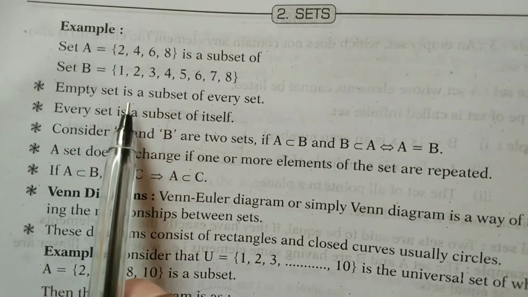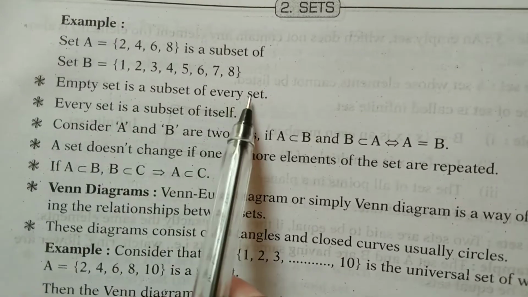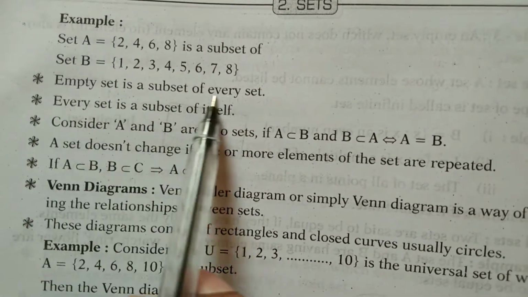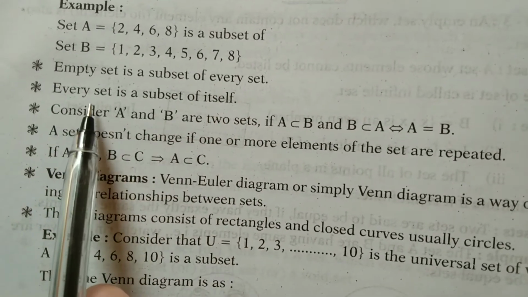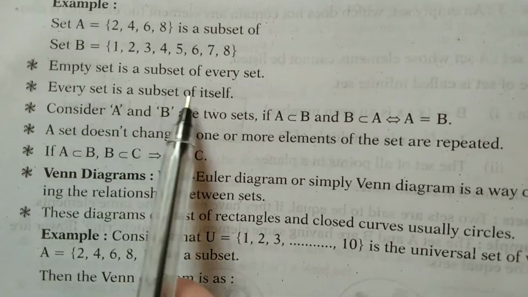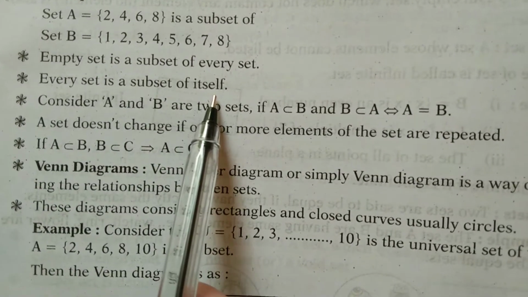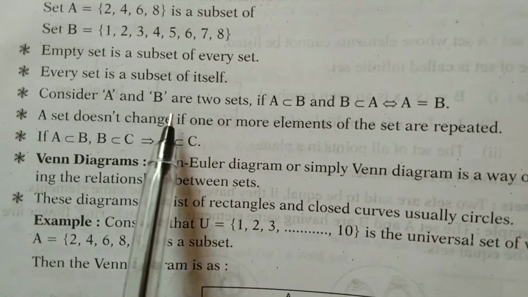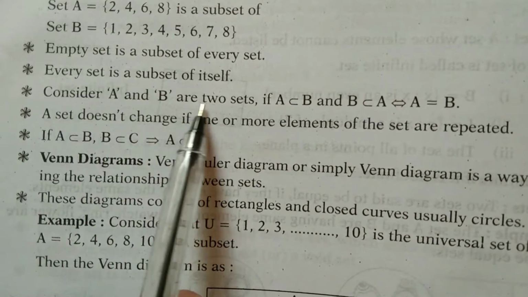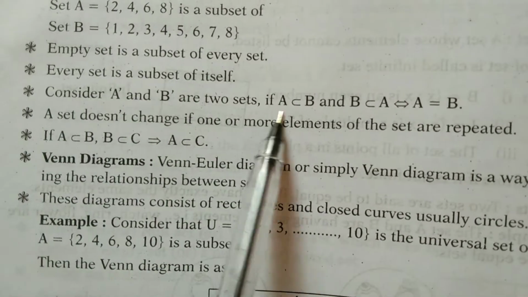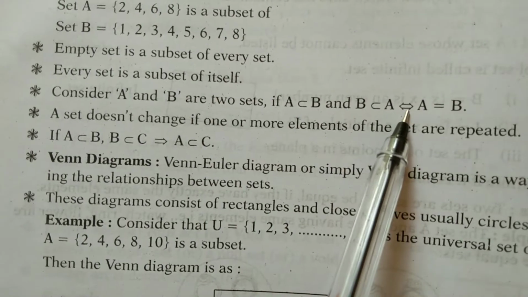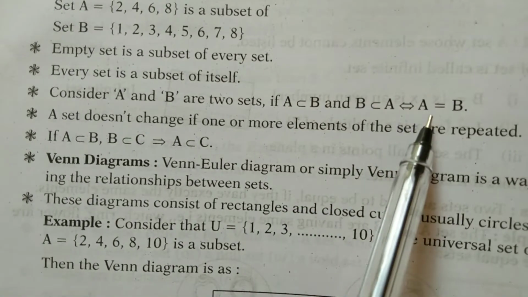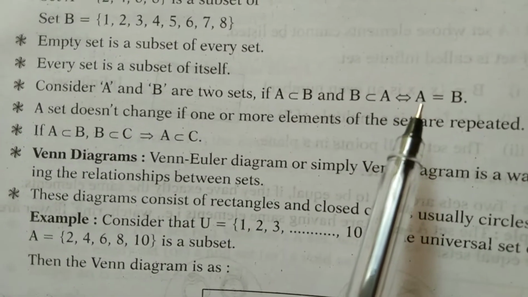Okay. Now the empty set is a subset of every set, which is the most important point. The second important point is that every set is a subset of itself. Consider A and B are two sets. If A is a subset of B and B is a subset of A, then we say that set A and set B are equal, right?